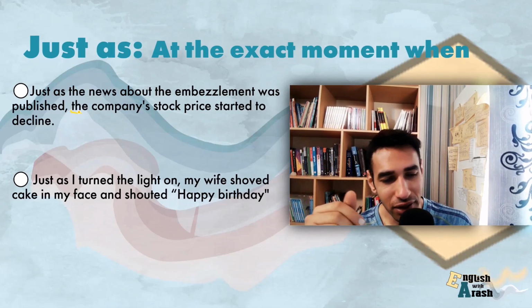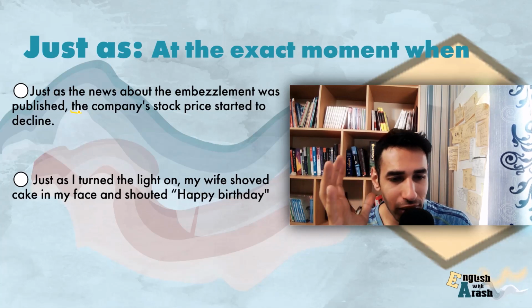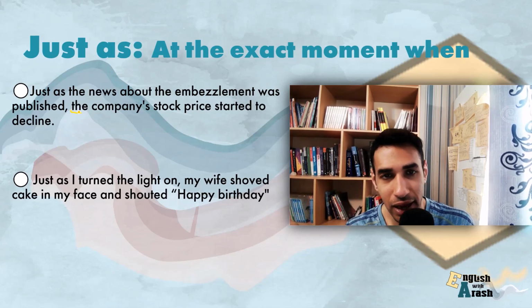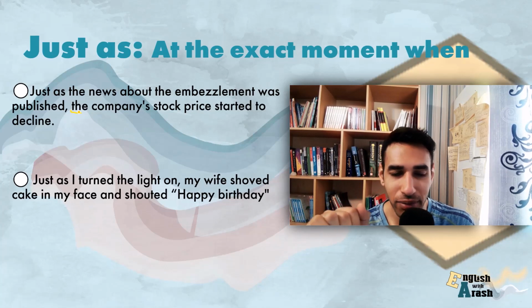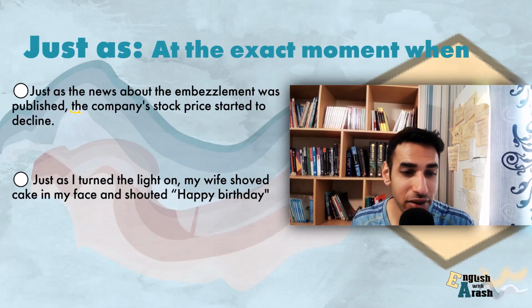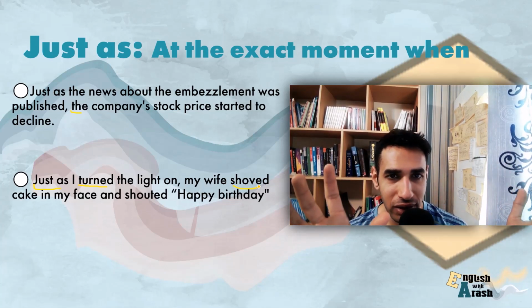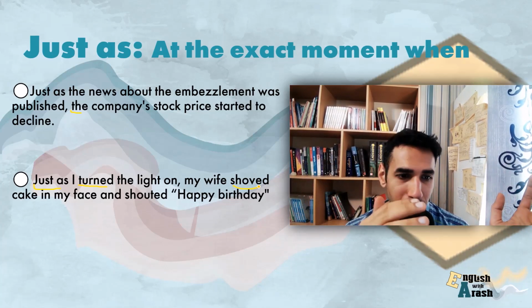Just as I turned the light on, exactly at that moment, then another thing happened. Immediately after that, my wife shoved cake in my face and shouted, "Happy birthday!" These two clauses both happened in the past: "turned", the past of turn, and "shoved", the past of shove. So one event happened after another in the past.